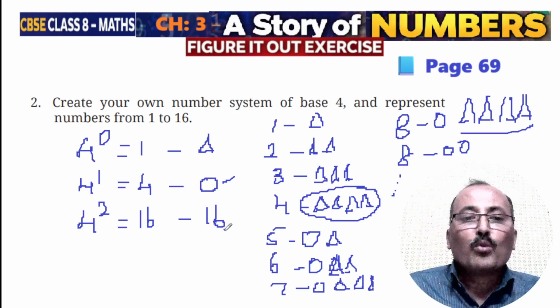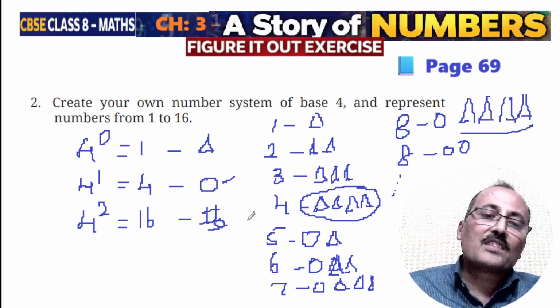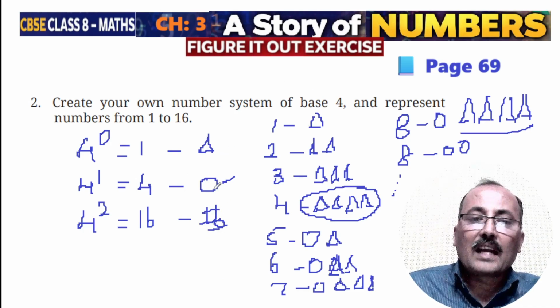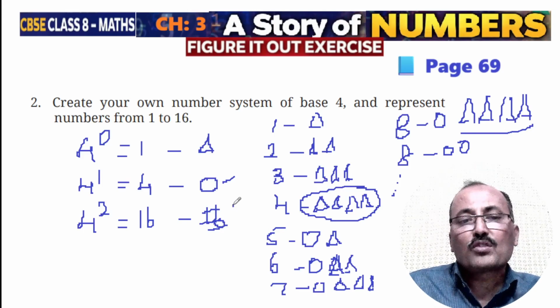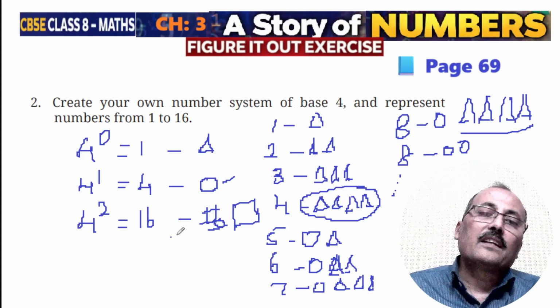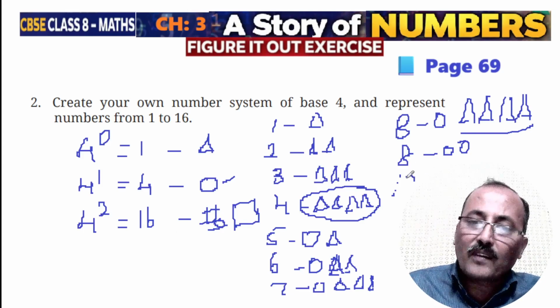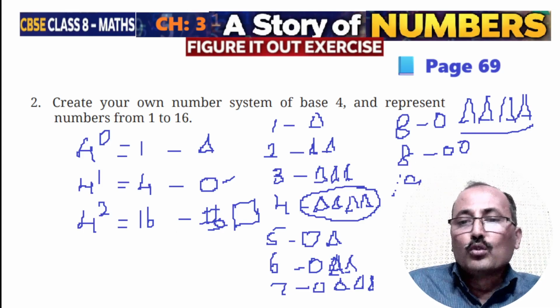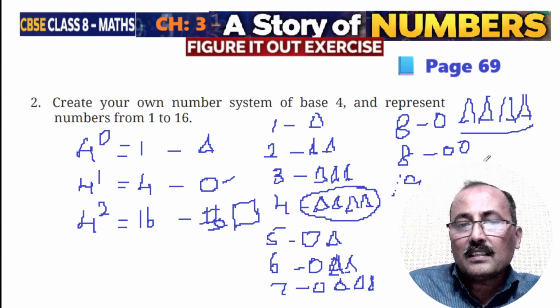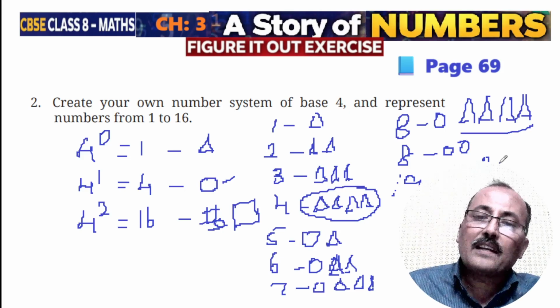For 16 itself, I have to write a triangle, circle, and I will put a square. We will write it up to 16. Now 9, for example, is 2 circles and 1 triangle: 8 and 1, 9.